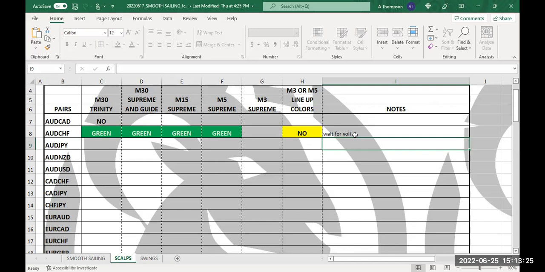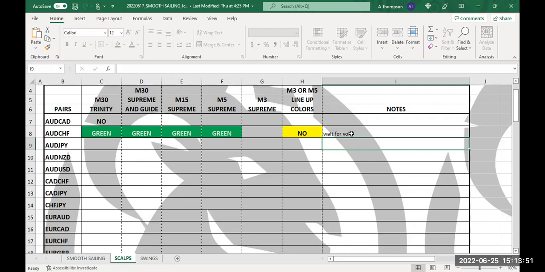If I'm waiting on my volatility, I'm going to type that in the little notes. At the end of the week, I'm doing this on Sunday night when the market is closed, so that on Sunday evening, when the market opens, I know exactly what I am waiting on. So here it says I'm waiting on volatility, right?